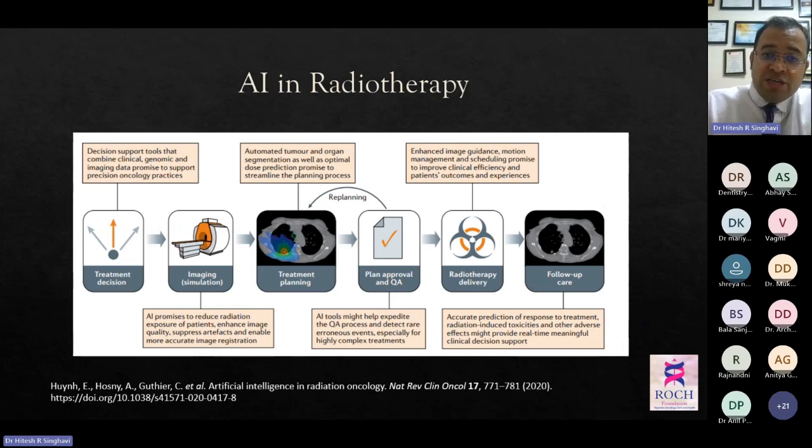Automated tumor and organ segmentation as well as optimal dose prediction promise to streamline the planning process. It can enhance image guidance, motion management, and scheduling, and promise to improve clinical efficiency and patient outcome and experience. And lastly, accurate prediction of response to treatment, radiation-induced toxicity and other adverse effects might provide real-time, meaningful clinical decision support.